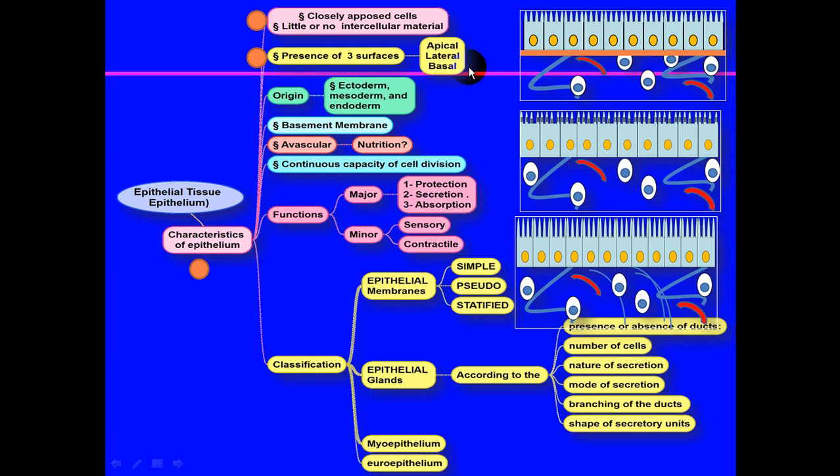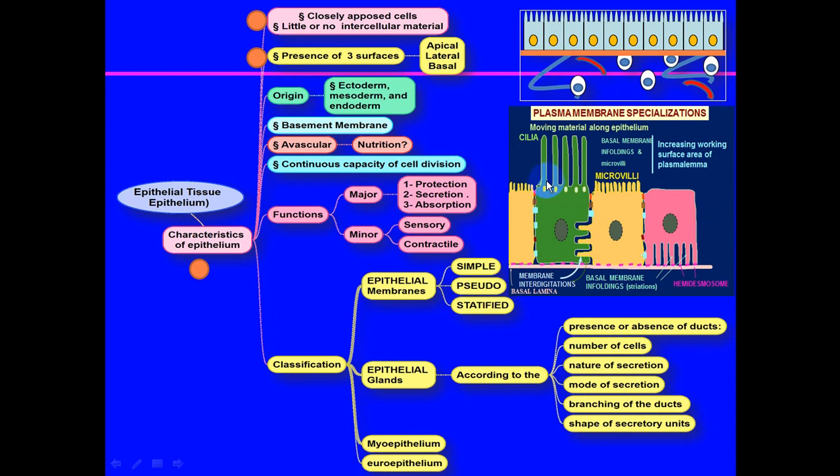Therefore, we know what we mean by apical, lateral, and basal specializations of the cell membrane of the epithelium.